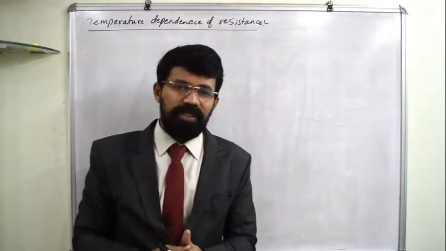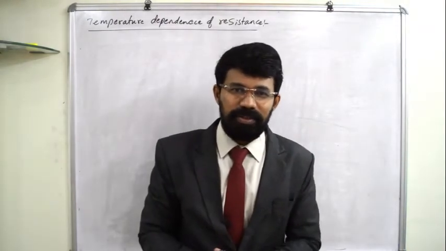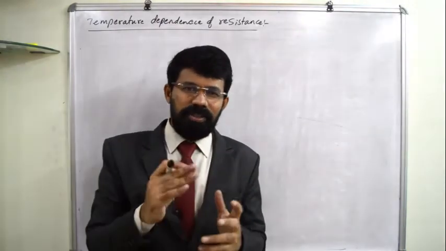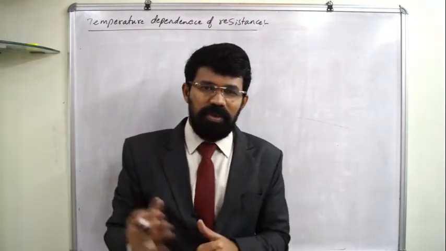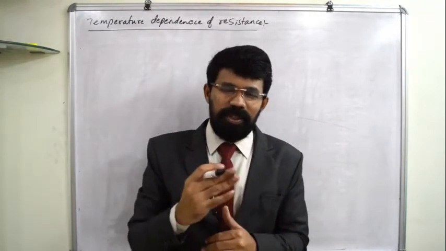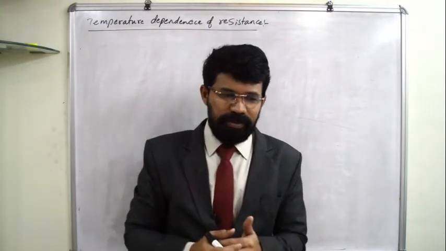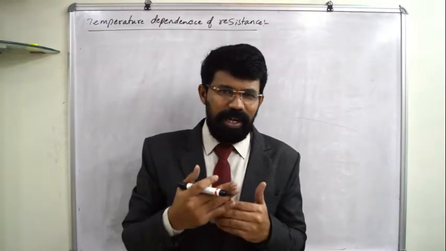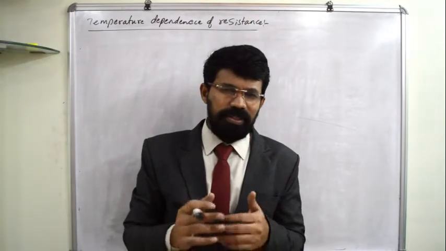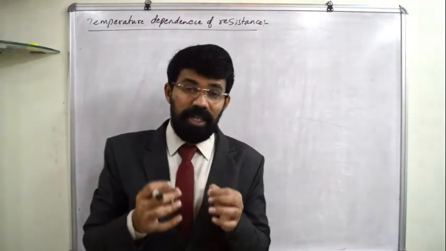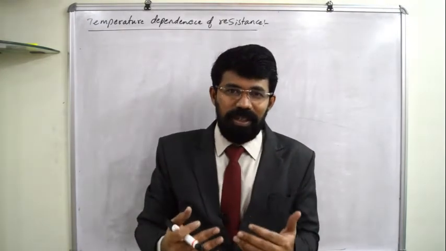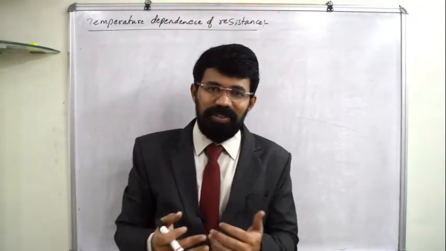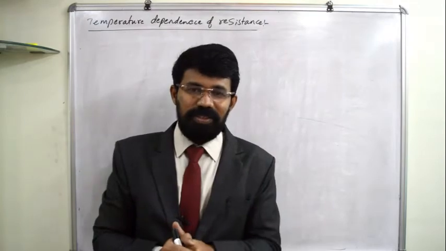When temperature is increased, the thermal kinetic energy gained by the electrons increases, and even the atomic sites undergo vibration. So there will be frequent collisions between the flowing charges and the atomic sites, and several other factors get influenced: average time, drift velocity, and the rate of collisions, the number of collisions taking place per unit time, will increase. If the number of collisions per unit time is increasing, what does it mean? The resistance offered by the conductor is also increasing.